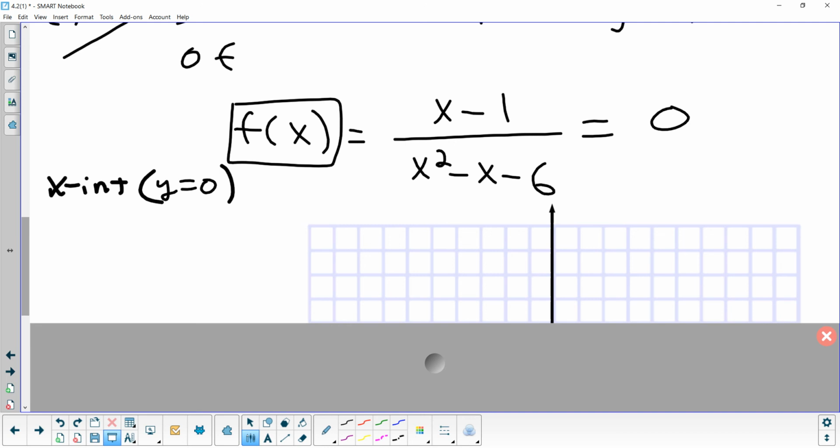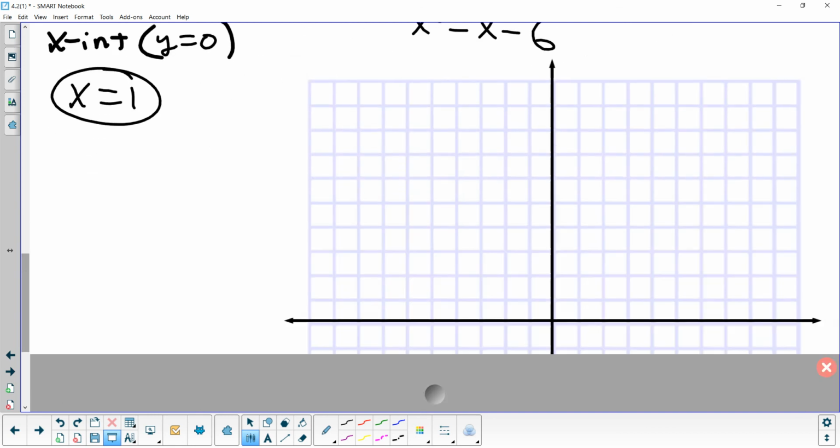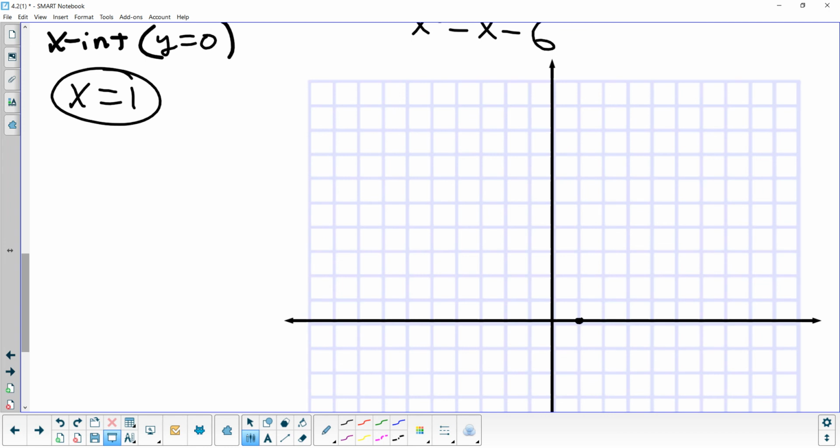But all you're worried about is the number that would make the top 0. What would make the top 0? 1. That's your x-intercept. And if you plug 1 into the bottom, I can quickly tell you're not going to divide by 0, so that's fine. So on our graph, we're going to mark the x-intercept.